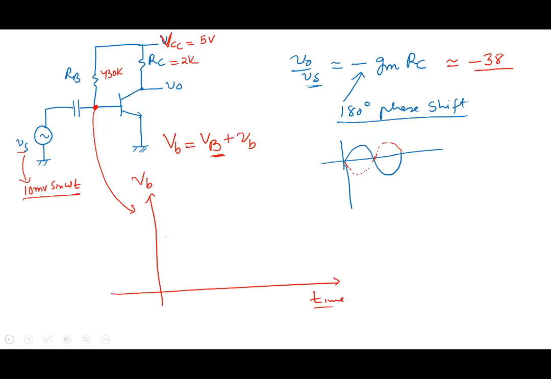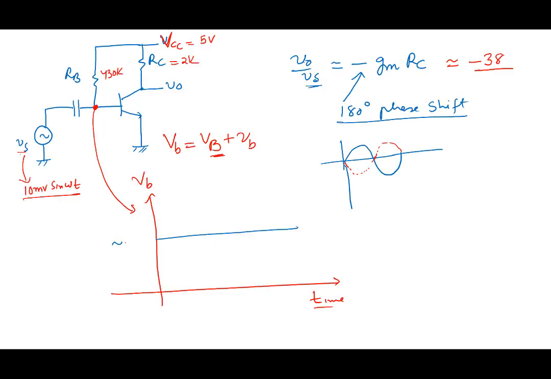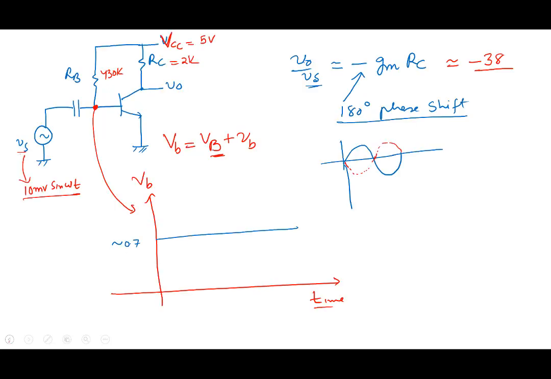The first part looks constant, approximately equal to 0.7. The second part, what? VB is nothing but Vs. So it's sinusoidal. There's a little bit of sinusoidal like this, like this.